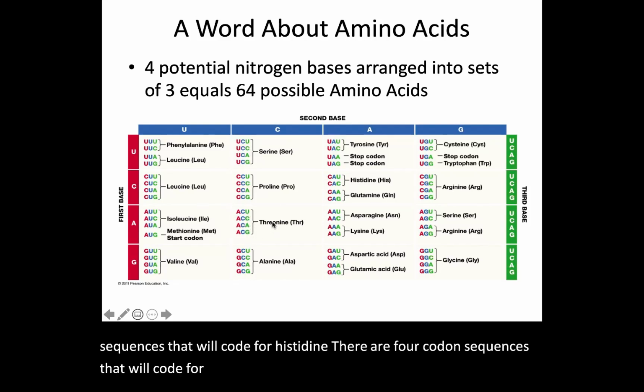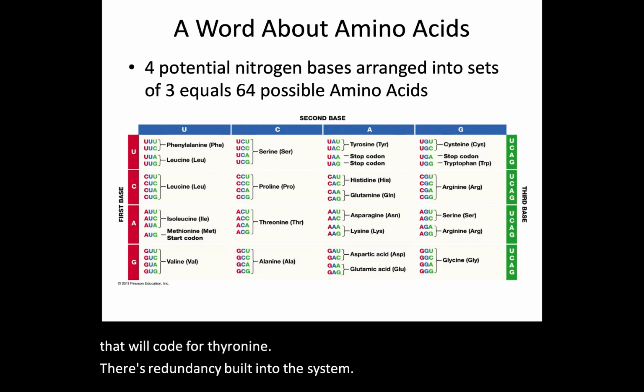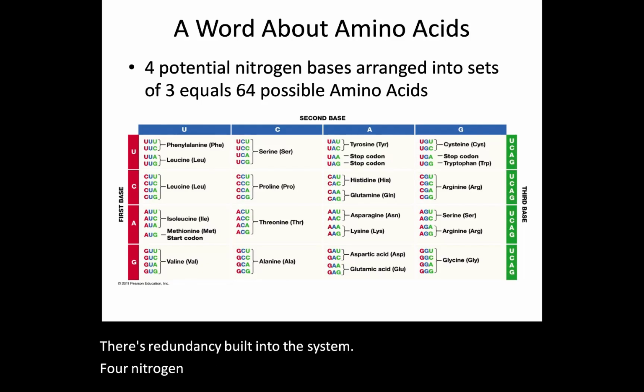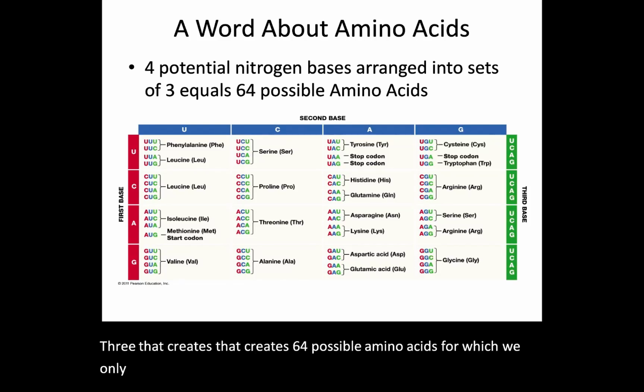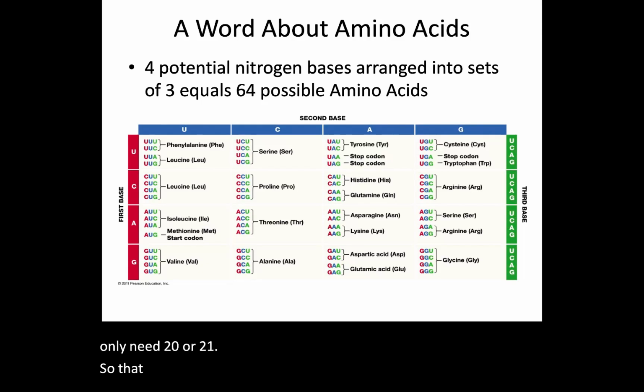There's redundancy built into the system. 4 nitrogen bases, but we're grouping them in groups of 3. That creates 64 possible codons for which we only need 20 or 21 amino acids. So that redundancy helps to stabilize the protein structure.